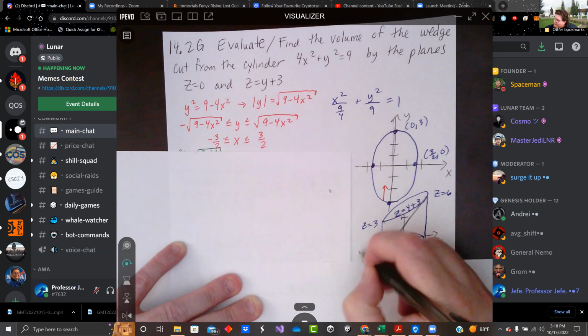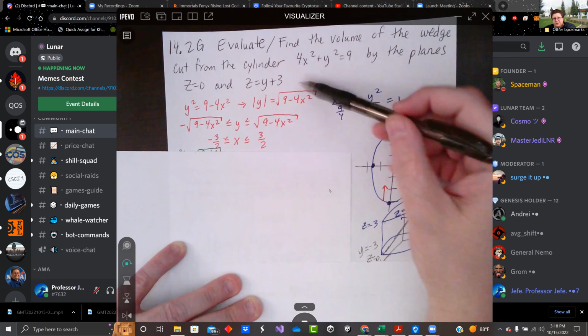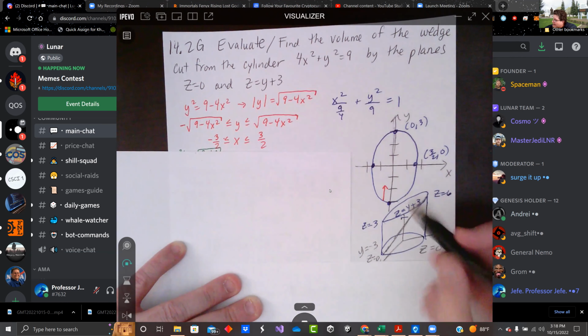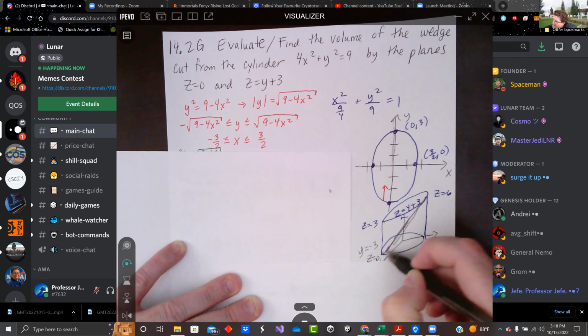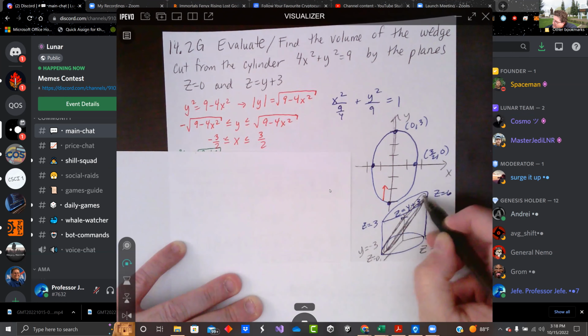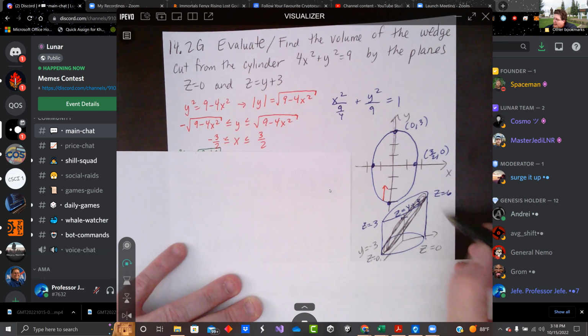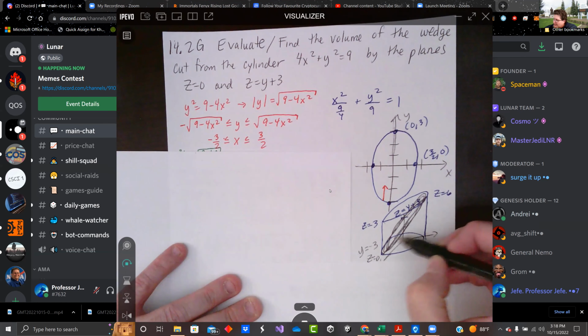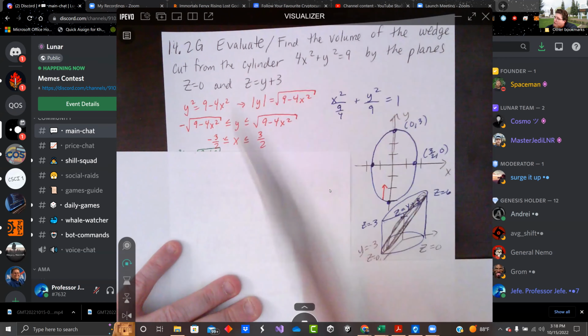When y equals negative 3, z equals 0 in the y plus 3 expression. So it's more like that, and we got some wedge like that. But it's clear our upper surface is this z equals y plus 3 plane.